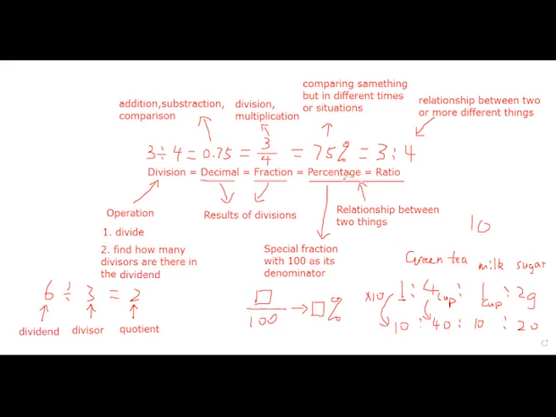But for percentages and fractions, it can only be 2 things. For decimals or fractions, we can do more things, like a fraction over a fraction, but that would be special. For divisions, usually we only do 2 at a time. But for the ratio, we do multiple things. We can do more than 2.